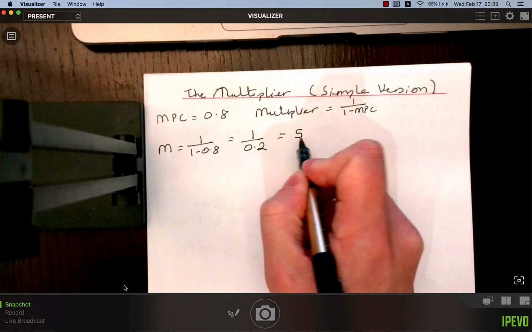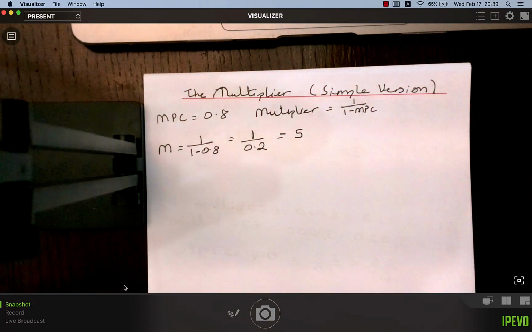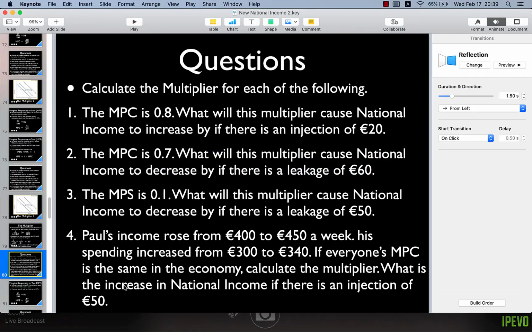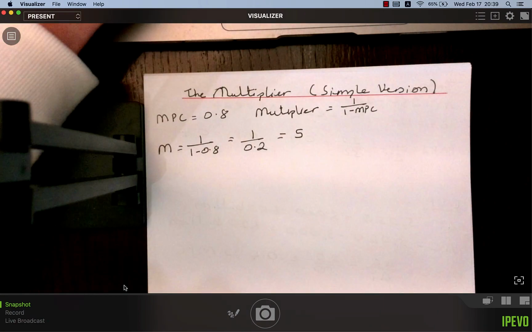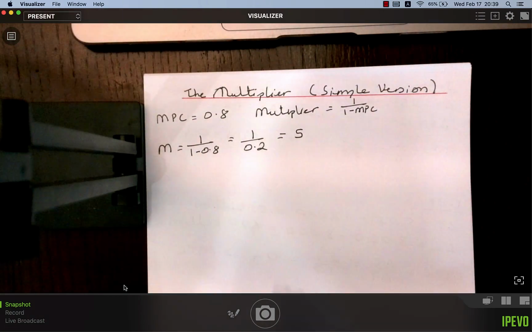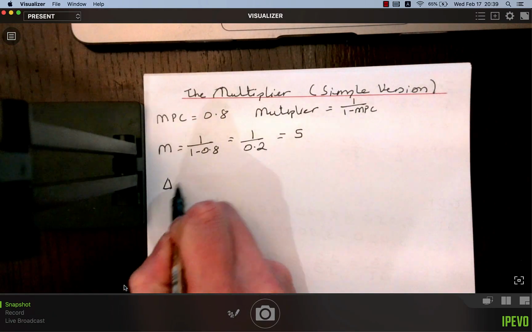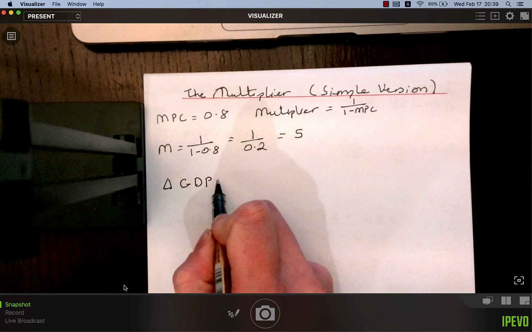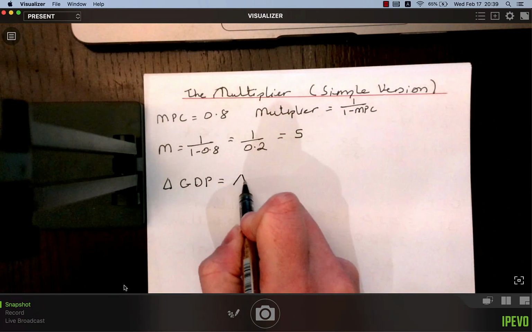Any injection into the circular flow of income will cause national income to rise by 5 times that injection. Now it says, what will this multiplier cause national income to increase by if there is an injection of €20? So I'll write this down. The change in GDP equals the change in the injection, or the injection itself.